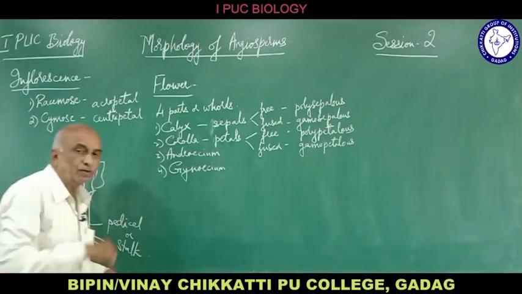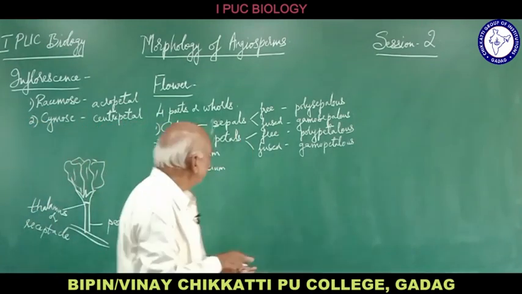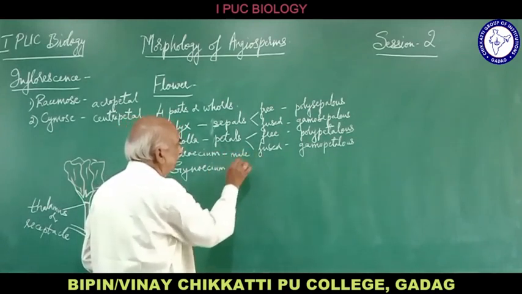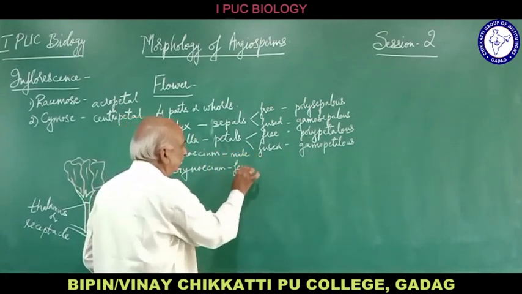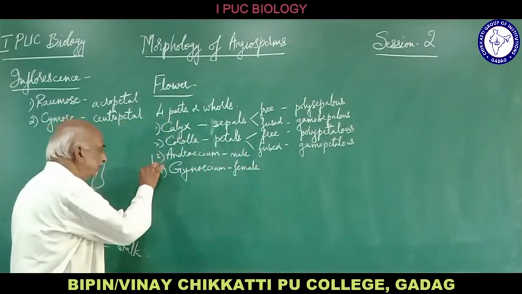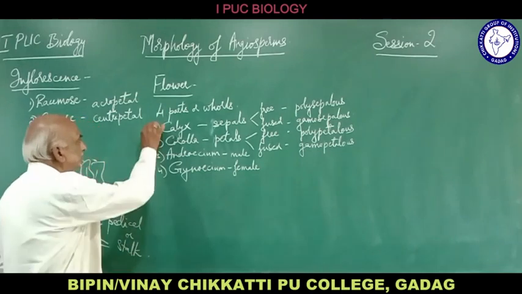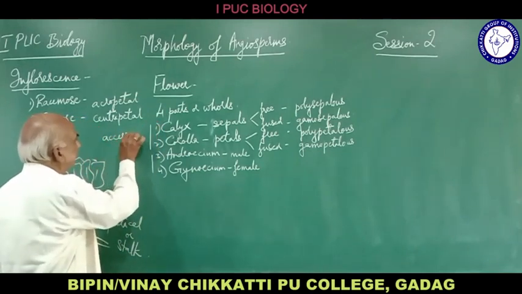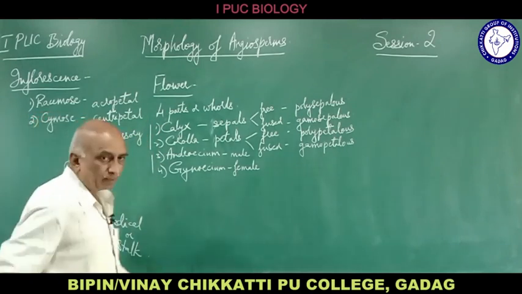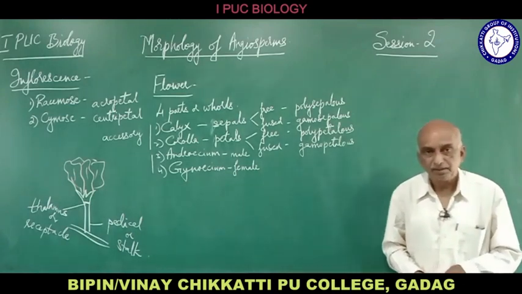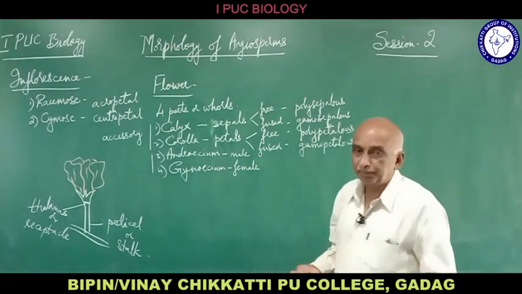Now inner to the corolla there is the androecium and gynoecium. The androecium is the male reproductive organ, the gynoecium is the female reproductive organ. So these are the reproductive structures of the flower. The calyx and corolla are not reproductive structures, hence these are called accessory whorls. Accessory means they support reproduction. They actually do not get involved in reproduction.